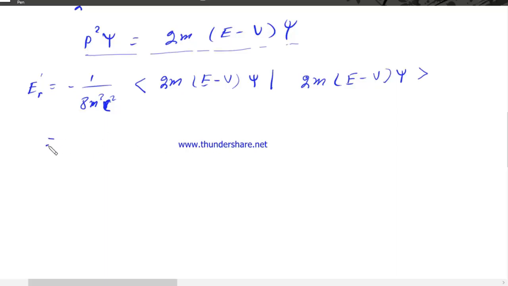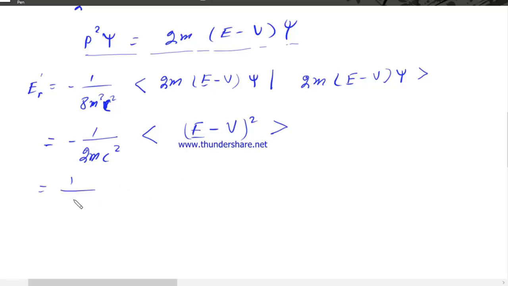Now this is constant, and the 2m are outside, then they become 4 m square. This cancels with this 8 and m cube, and then 1 over 2 m c square, and then E minus v whole square, the expectation term.